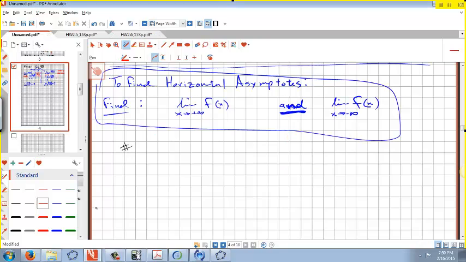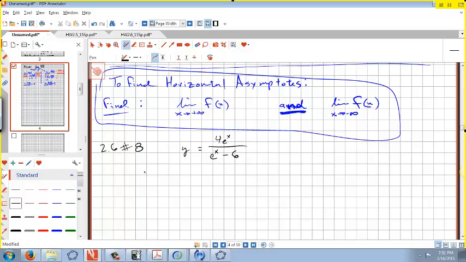So this is number 8, 2.6, and I'm looking at the function y equals 4e to the x divided by e to the x minus 6.